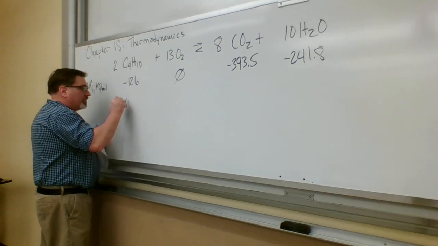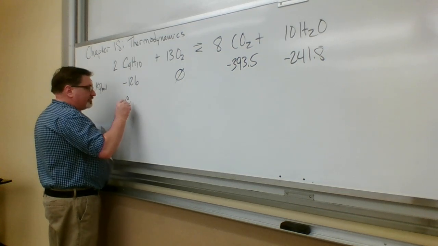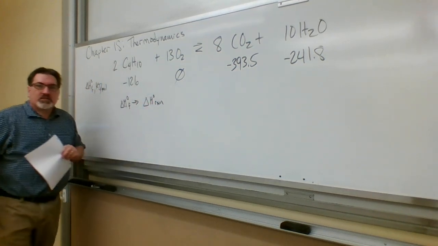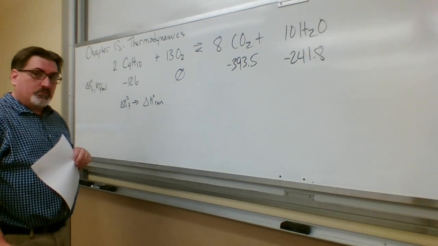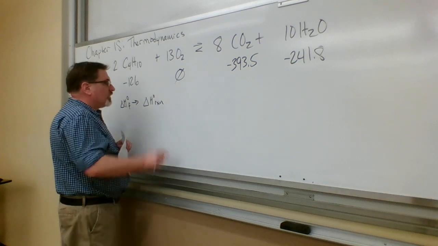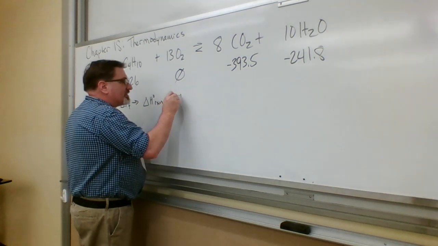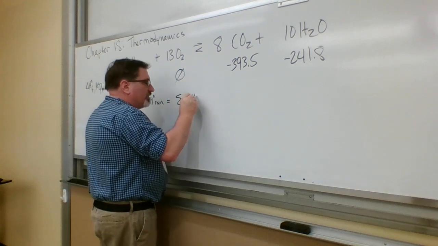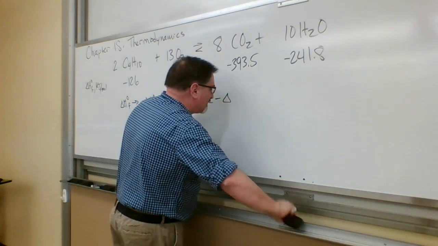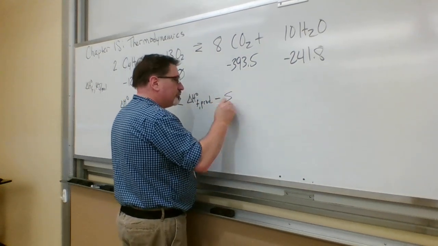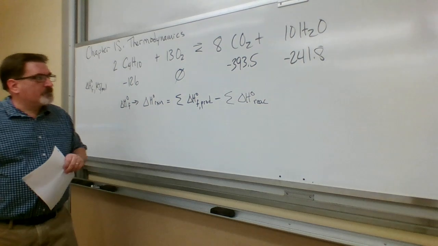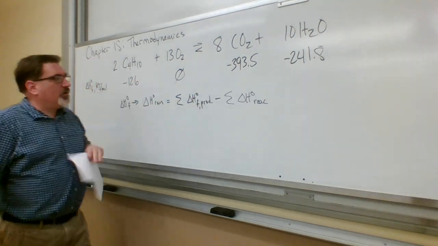And so the delta H of formation for the reaction. So we usually write that as delta H naught for standard conditions: 0 degrees C, 1 molar everything, 1 atmosphere pressure of everything. Delta H for the reaction is the sum of the delta H of formation of the products minus the sum of the delta H of formation for the reactants. So it's just product numbers minus reactant numbers.